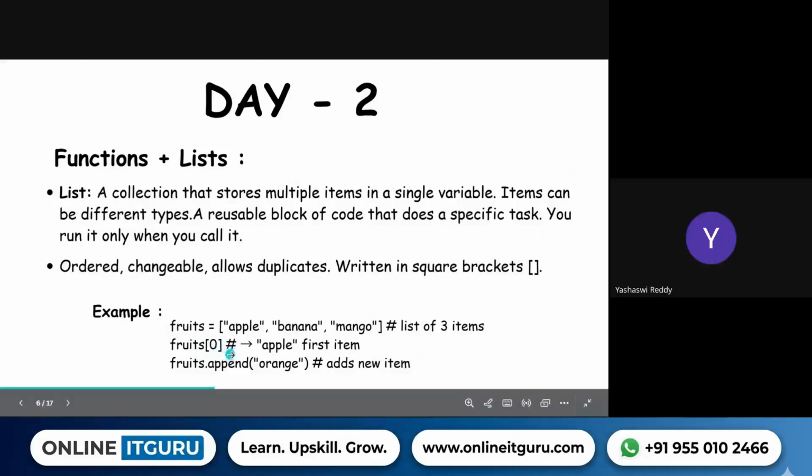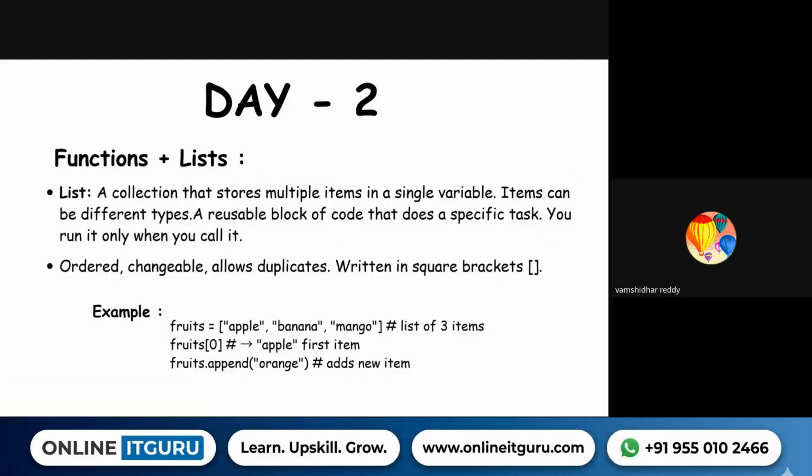And one more thing that we can see in the list is append. The keyword append is nothing but adding something into the list. In a list, if we want to add something new, we use a keyword called append.